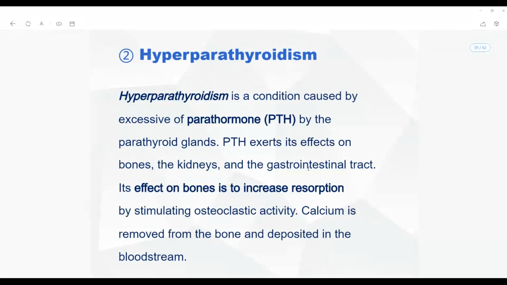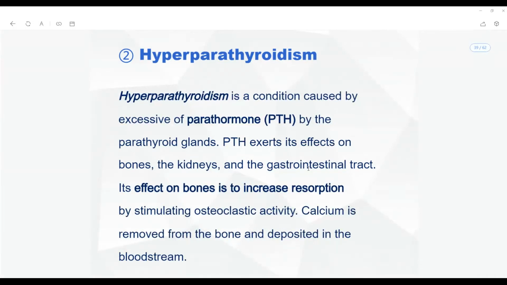But in case of hyperparathyroidism, what actually happens is that there is increased resorption, increased osteoclastic activity. Which means increased removal of calcium from the bone, which means it will be redirected towards the bloodstream.